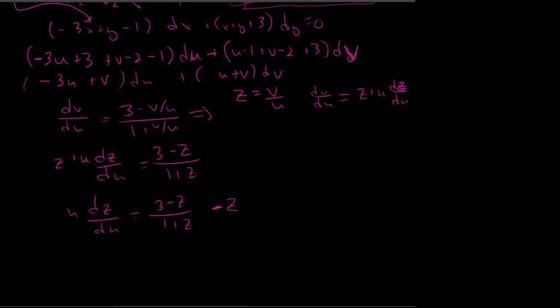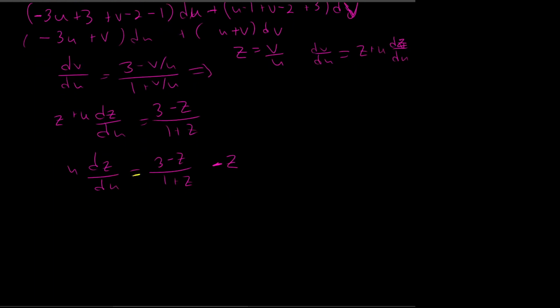Alright, here's where the nasty comes. Get a common denominator. I'm going to keep my equal sign here. So u dz/du is equal to 3 minus z over 1 plus z minus, well, now I'm going to multiply 1 plus z times this, so that's z plus z squared over 1 plus z.